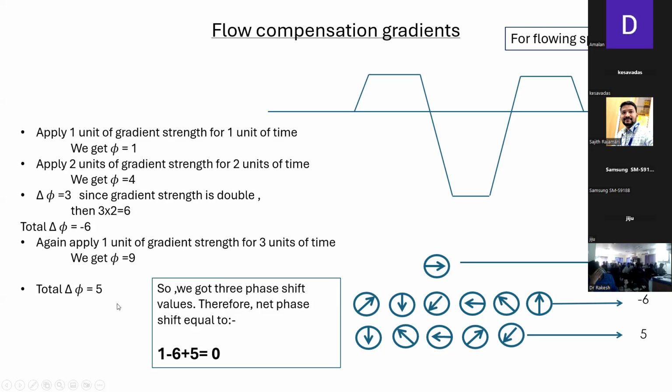Here it is positive because we are using the positive gradient. What happens if we add up all these things? We get 1, -6, and 5. If we add all these, our net phase shift will be 0. So wherever there is flow, if we apply this kind of gradient magnetic field, we won't get any phase errors or high velocity signal loss. We won't get anything, because our net phase value is 0.